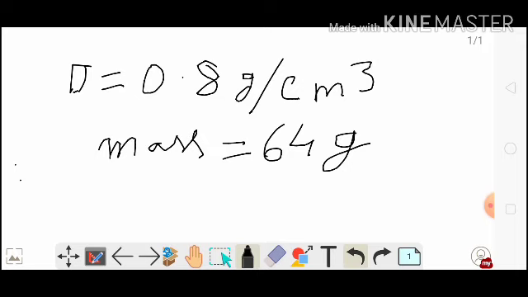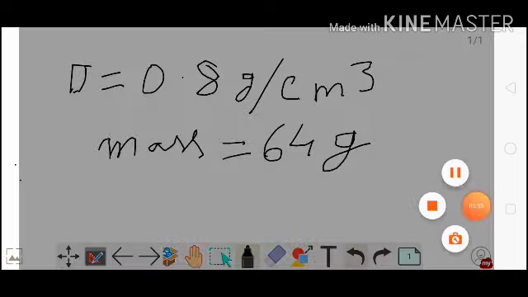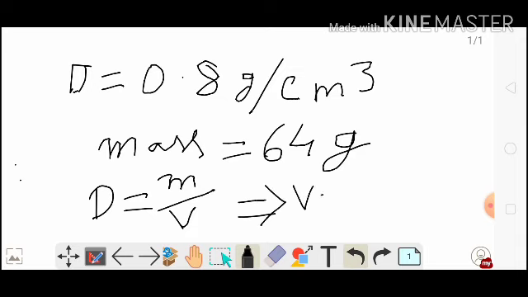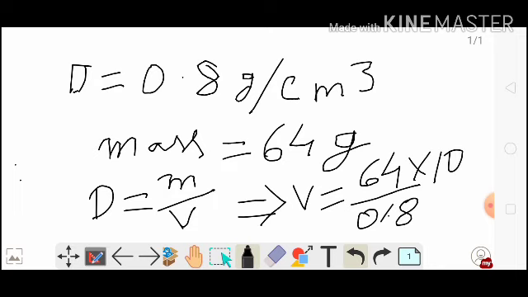Same formula, density is equal to mass divided by volume, so volume will be equal to mass divided by density. Volume is 64 divided by 0.8, that will make it 80, and the unit will be centimeter cube. Okay.